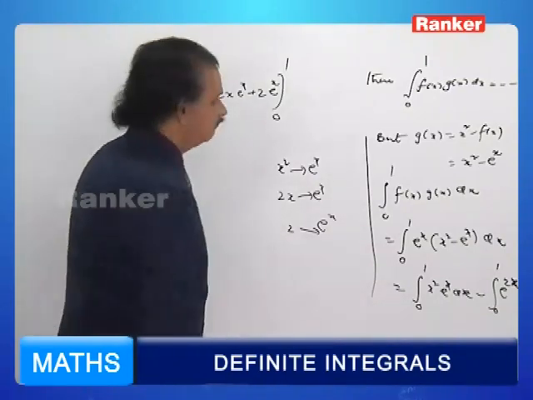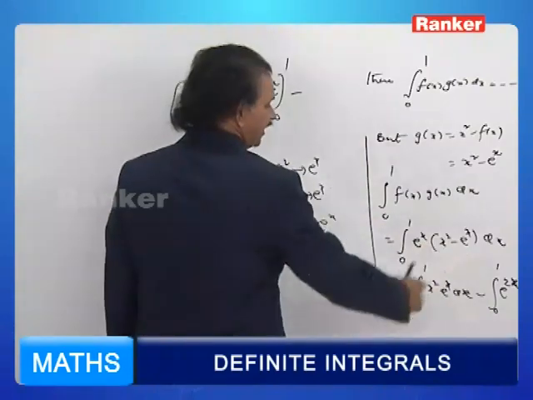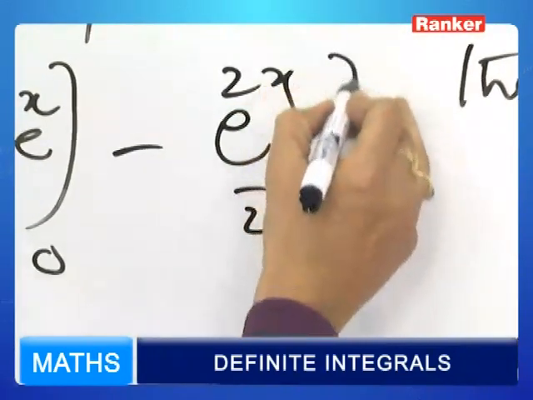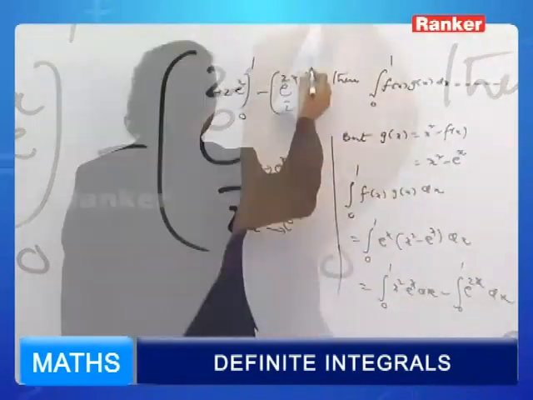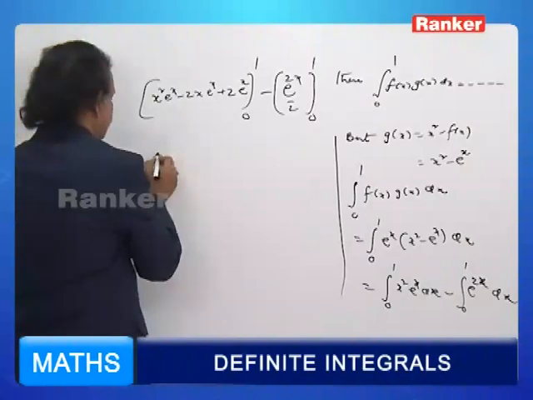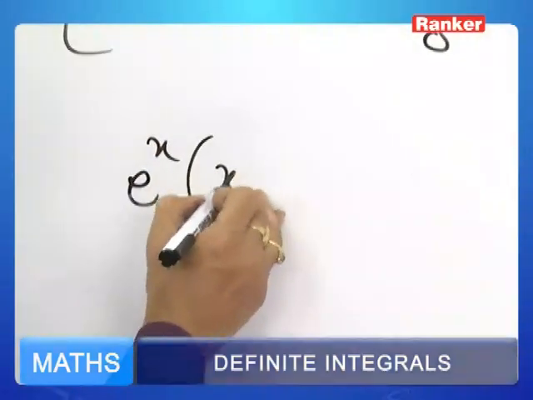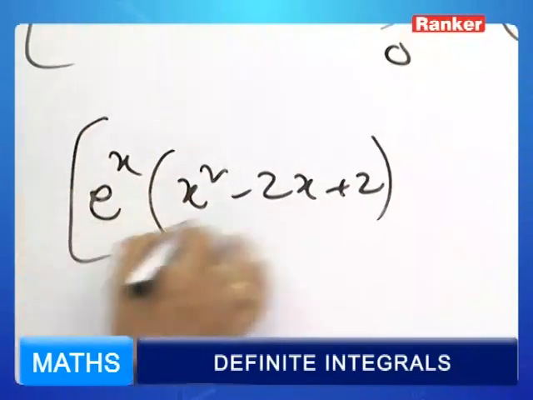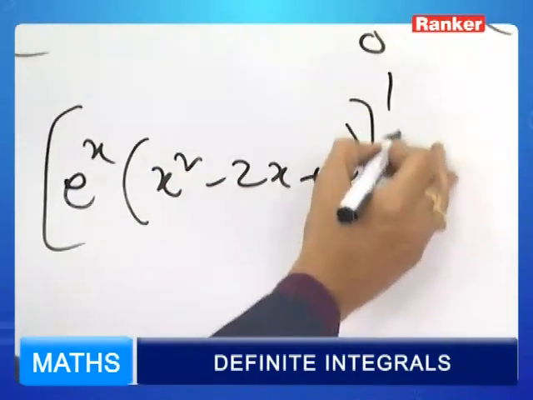Minus, what is the integral of e power 2x? E power 2x by 2 between the limits, of course, 0 to 1. Good. Again, this is e power x into x square minus 2x plus 2 between the limits 0 to 1.